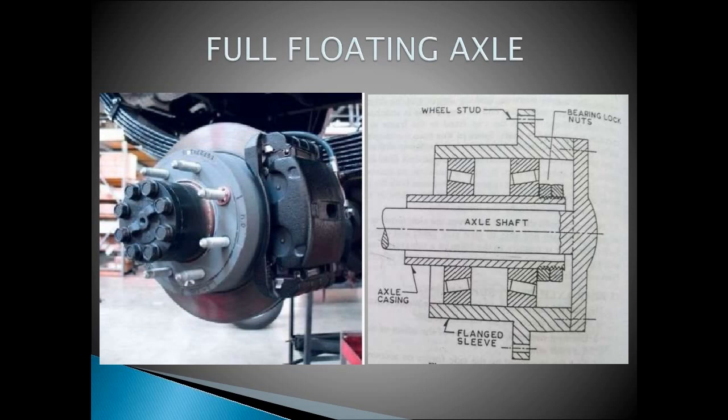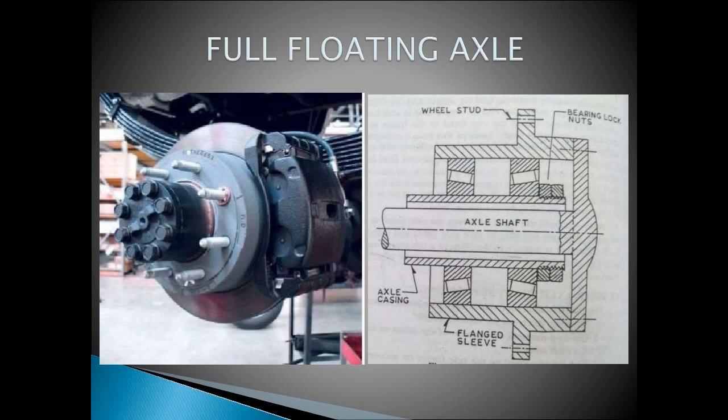Thus the axle shaft has to carry only driving torque. The vehicle weight is completely supported by the wheels and axle casing. As the axle shaft carries only driving torque, it can be removed and replaced without removing the wheels or disturbing the differential.